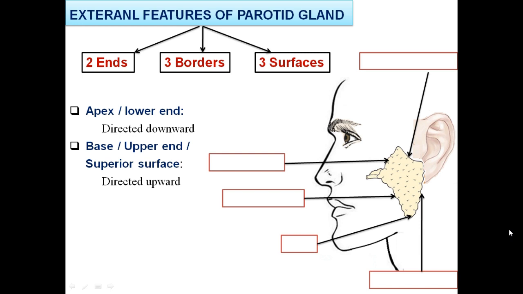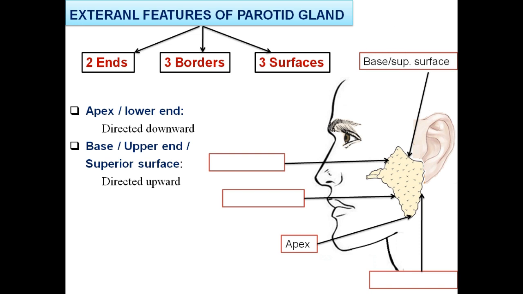External features of the parotid gland: it has two ends, three borders, and three surfaces. The two ends are the apex, which is downwards, and the base, which is upwards.